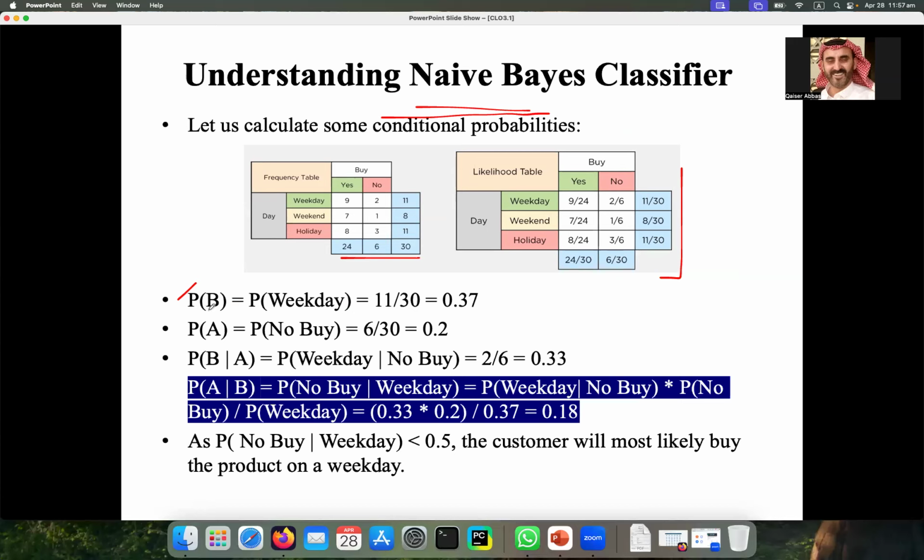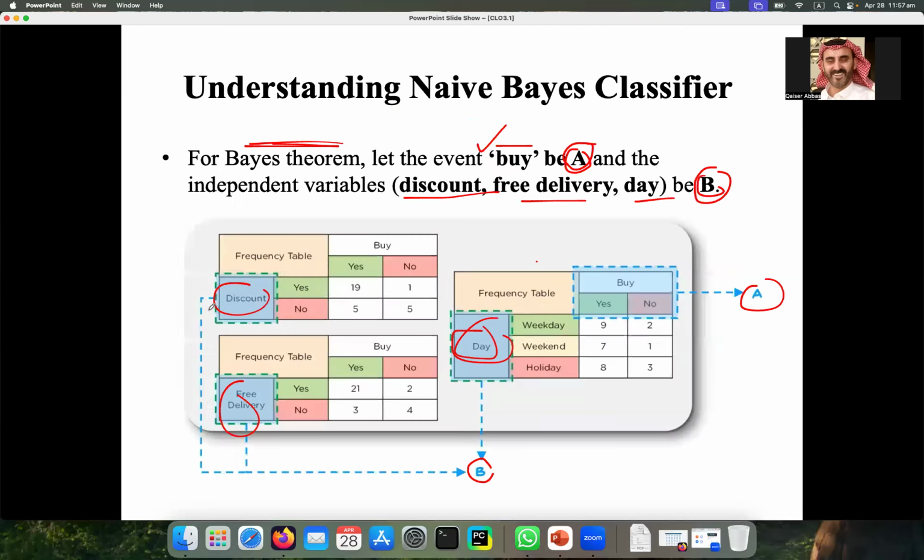What is my B? B contains day, weekday, and also what? Discount, free delivery, and day. You can separate them or together, no issue.